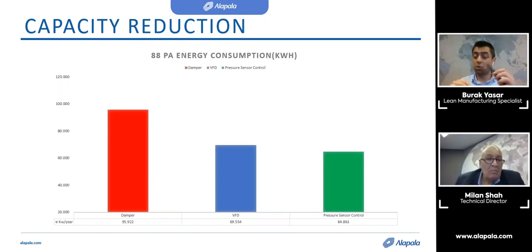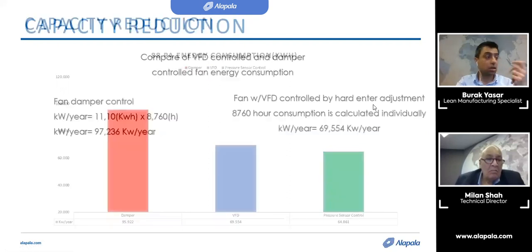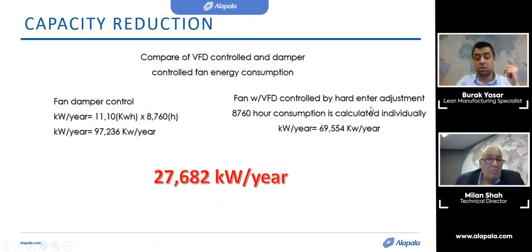The fan speed controlled by the VFD system consumption is 69,000 kilowatt per year. But if we also have the pressure sensor, the consumption is 64,000 kilowatt per year. When we look at the damper control and the VFD control system, there is a 27,000 kilowatt saving per year.